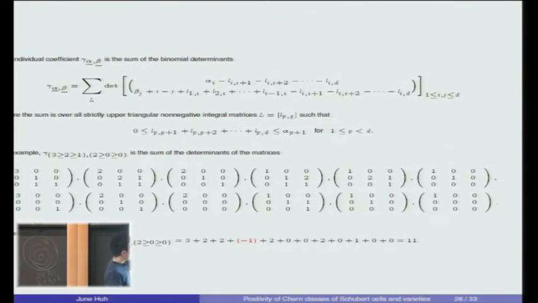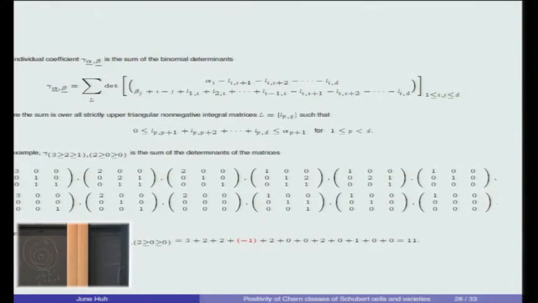And the matrices that come into play are these 12 matrices. All the entries are binomial coefficients. And if you compute the determinants, you get 3, 2, 2, minus 1, 2, 0, 0, 2, 0, 1, 0, 0. It sums up to 11.